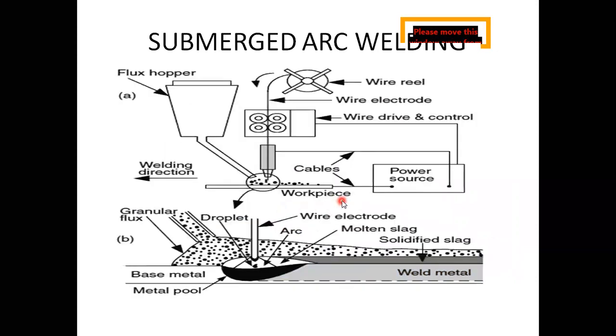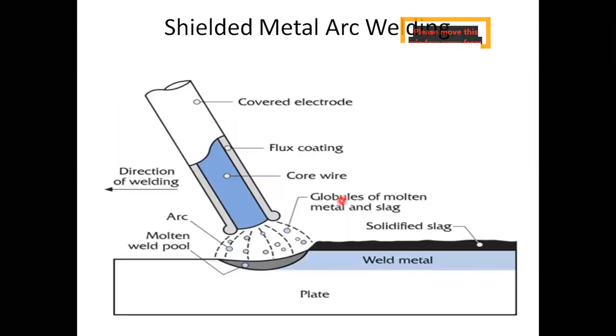Another way is submerged arc welding. Look, what happens? You have seen there is some splattering, high temperature is created, and high sparks are there. Ozonization also occurs, because blue lights are coming and some ozone gas is created over here.